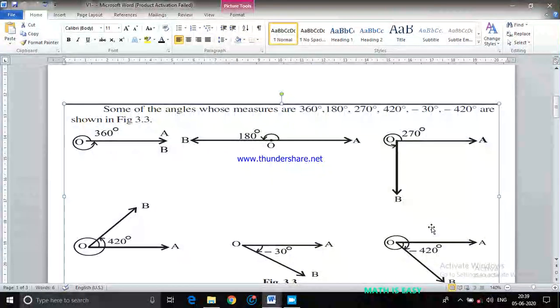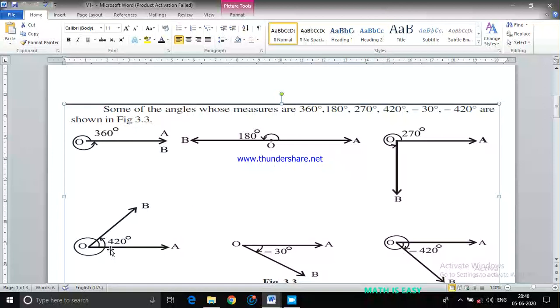Okay. So like this, if you give me any angle, if I give you 720, 720 is 360 plus 360. So that means here you have to make two complete circles. First circle will give me 360, then another circle will give me 720.